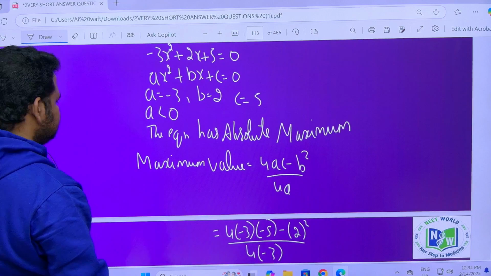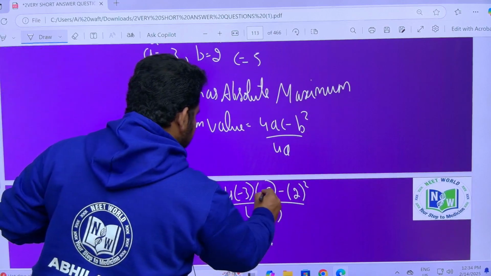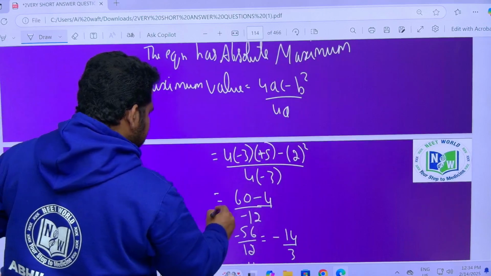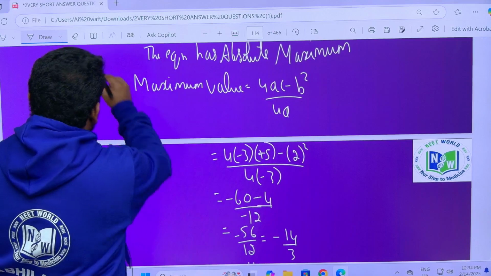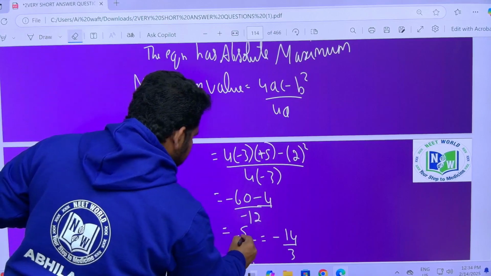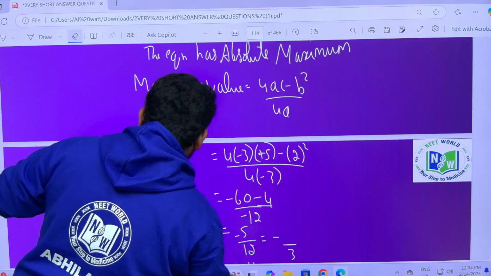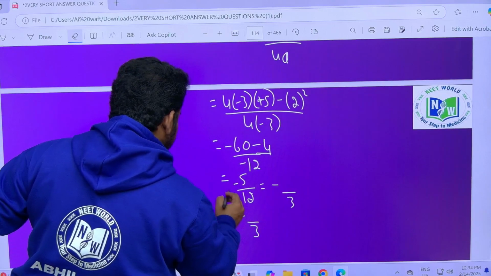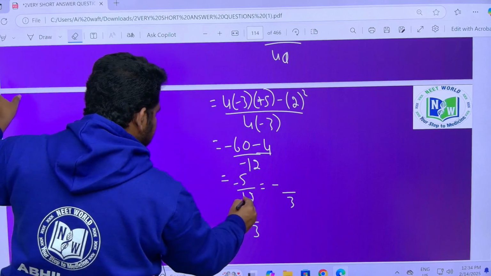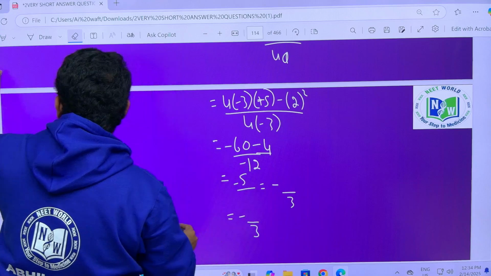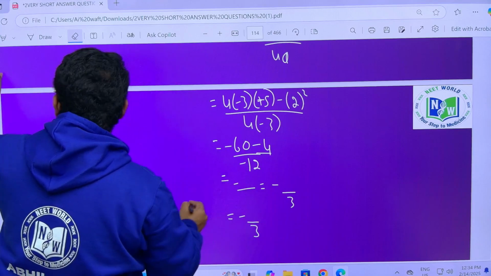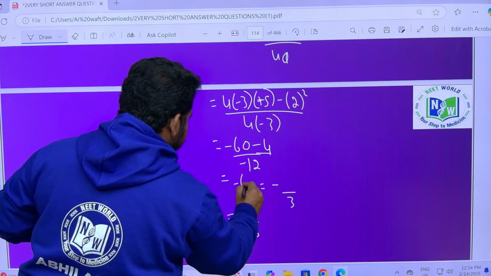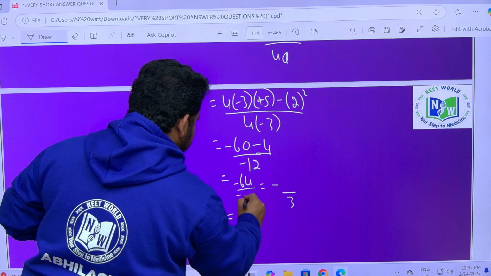Now if we substitute the values, this will become plus 5. Okay, now this will be minus, so now this will change. So friends, this will become minus 60 minus 4, which is minus 64 by minus 12.